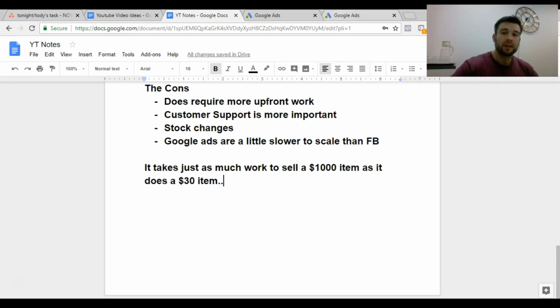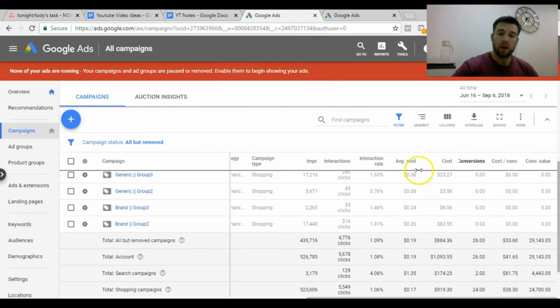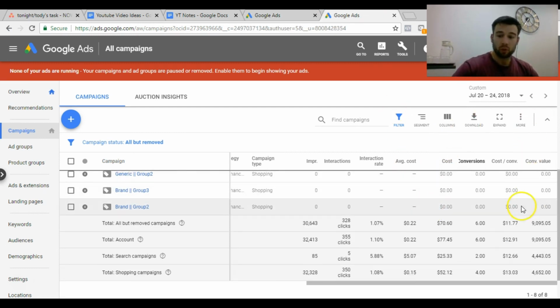And if you don't believe me, just have a look at my ad costs here. You can see my cost per purchase is $41 overall. Okay, that's $41 to acquire a customer who's going to spend $1,000 plus. In this campaign here, over the 4 days, my cost per purchase was $12.